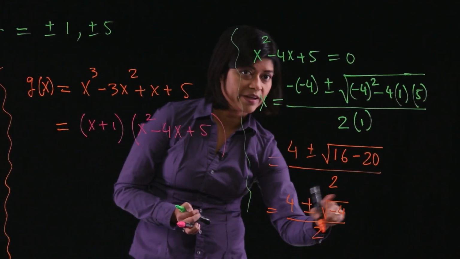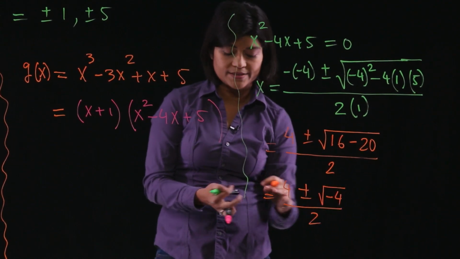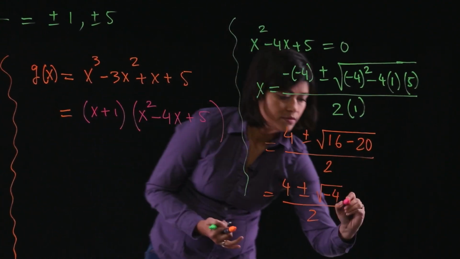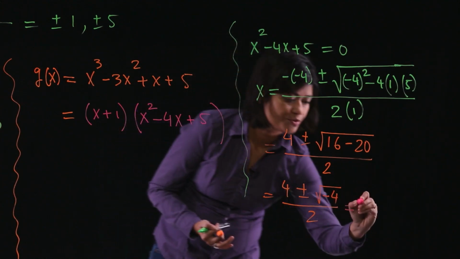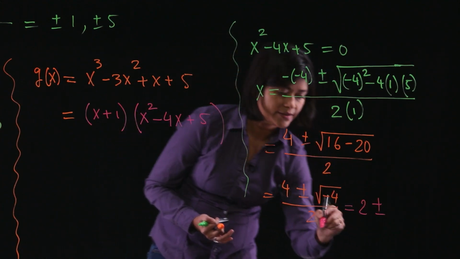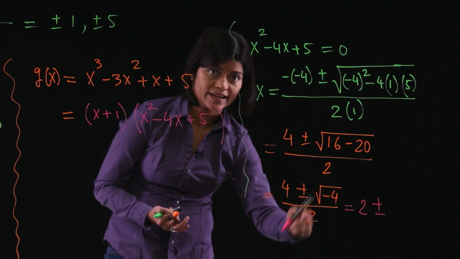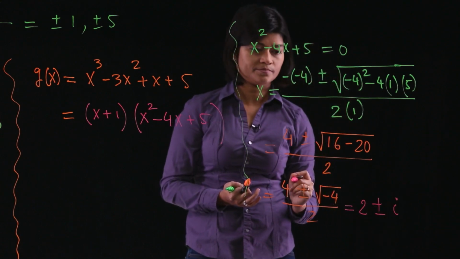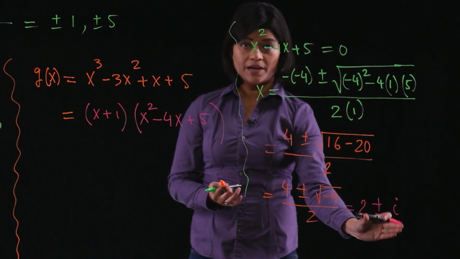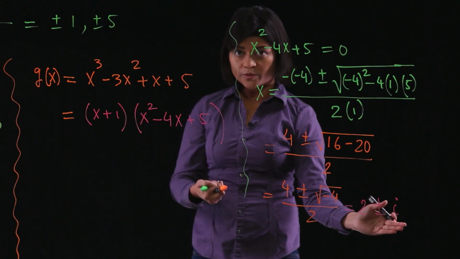You know what square root of negative 1 is? It's i. So you know that these are the complex zeros. So you can divide by 2. You get 4 divided by 2 is 2 plus minus, this is a square root of 4, so 2 will come out and that will cancel with the 2. So you will just have i left here. So we found the 2 zeros.